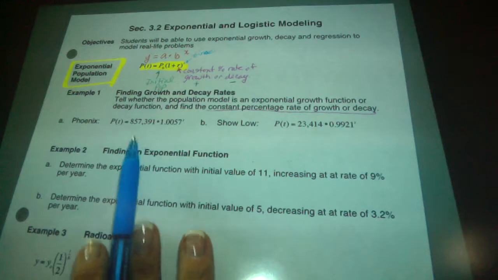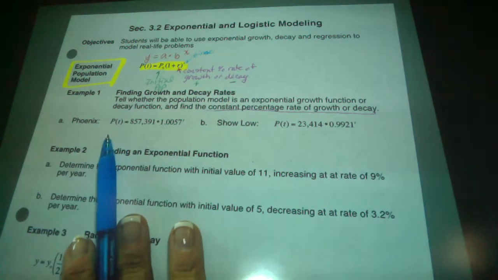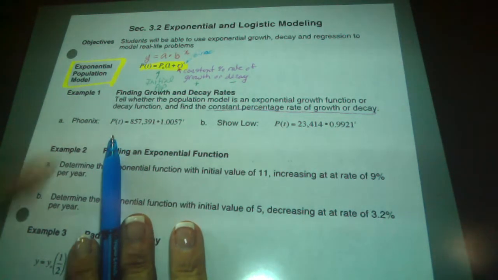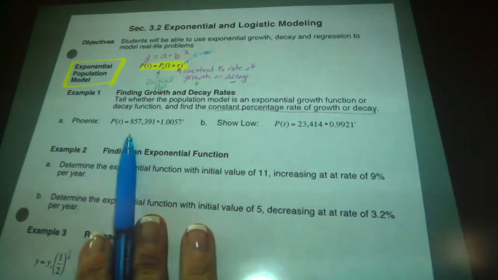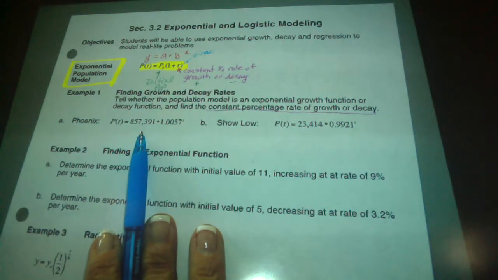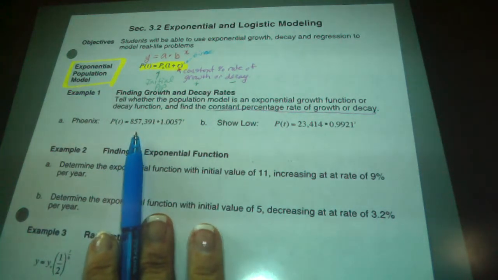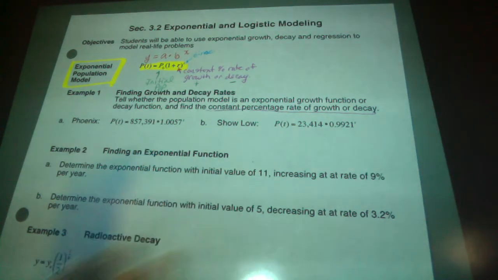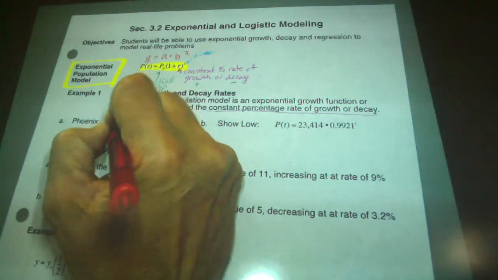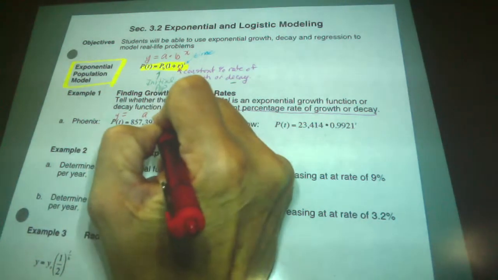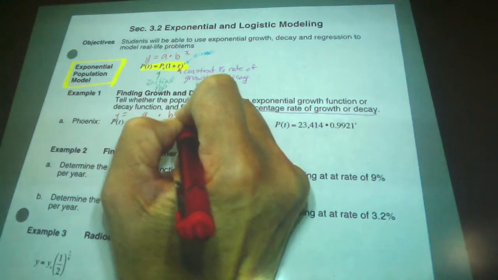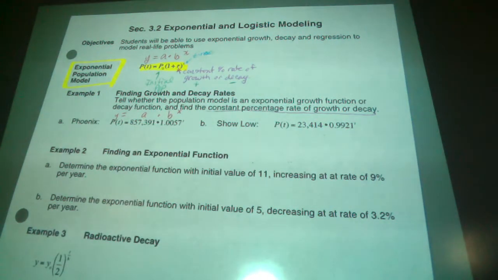So then look what I have down here. P of T, that's your Y, is 857,391 times 1.0057 to the T. Here's my Y equals A times B to the X. That you can really see now.